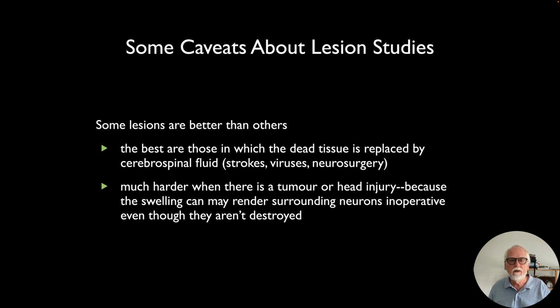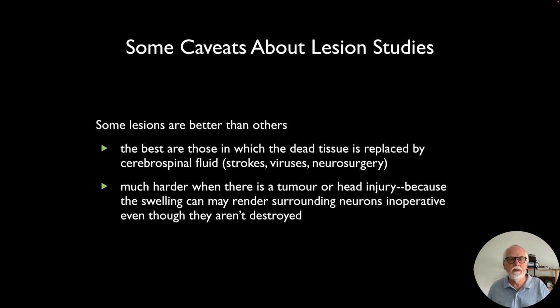It's much harder when a person's had a tumor or a head injury, because the swelling that happens there can render a lot of the surrounding neurons around that area inoperative, even though they aren't destroyed. So the tissue is still there, and the tissue looks like it's not been damaged, but the neurons themselves aren't really functioning because the tumor or the head injury actually caused a lot of damage.